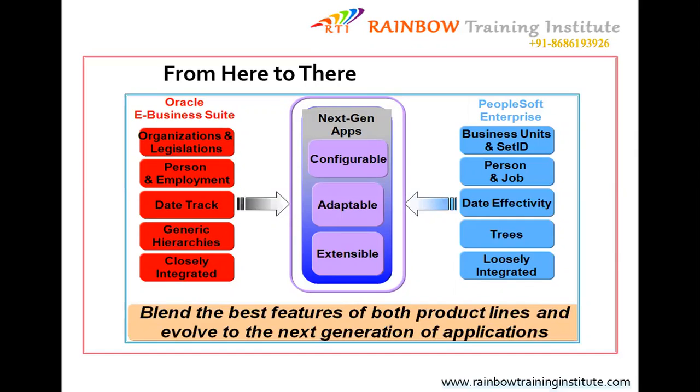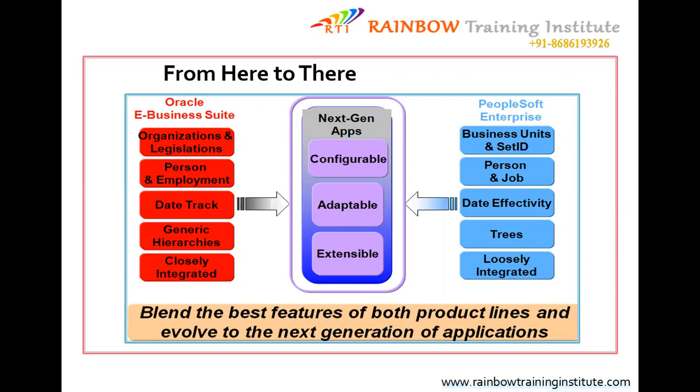That's what we call hierarchies in EBS. In PeopleSoft we used to call them trees, organization trees or something like that. Now in Fusion we call them trees as well.